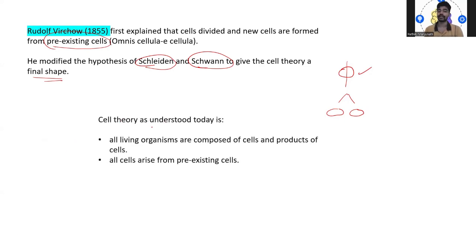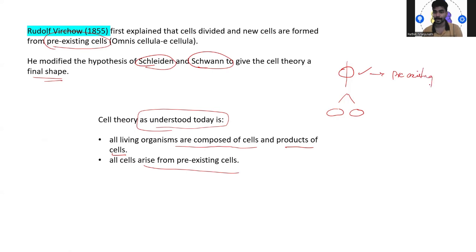The cell theory we follow today is: all living organisms are composed of cells and products of cells. Okay, this is one point. Then all cells arise from pre-existing cells. That is what he meant. Clear?